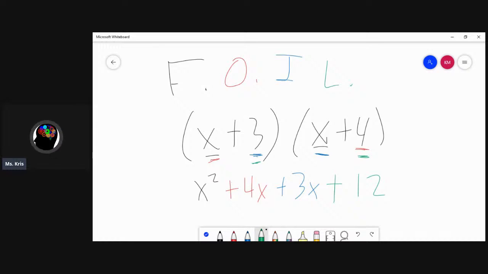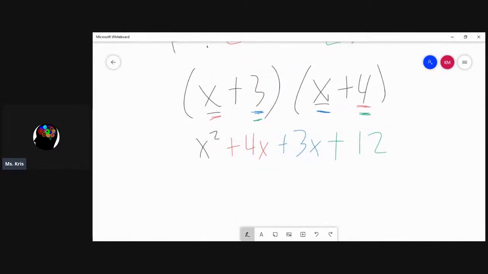Now I will combine like terms, because 4x is like 3x.